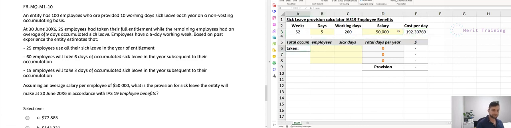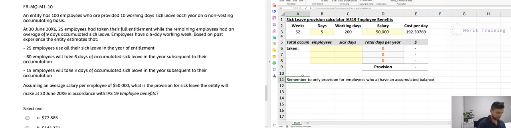Okay, next what we want to do is take into account just the employees. Remember, I might write this down. Remember to only provision for employees who, A, have an accumulated balance, and B, history has shown that they will take some of this balance in the subsequent year to accumulation.